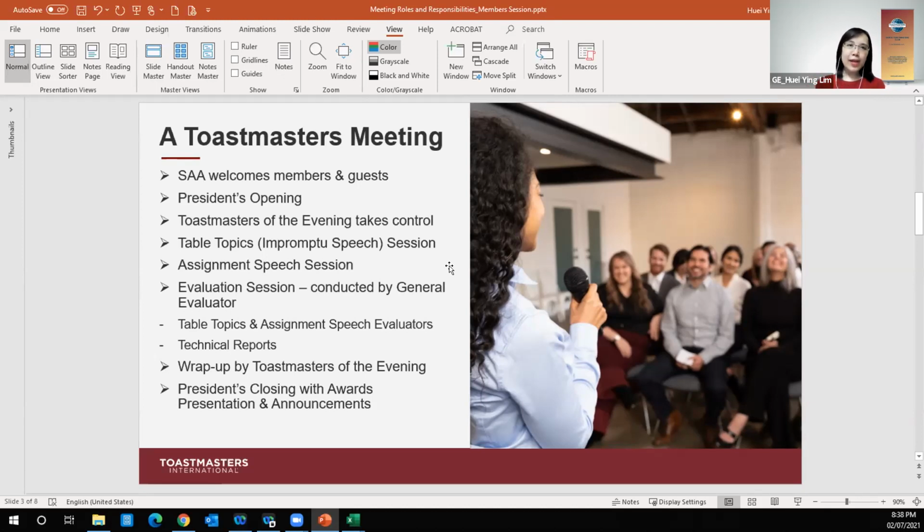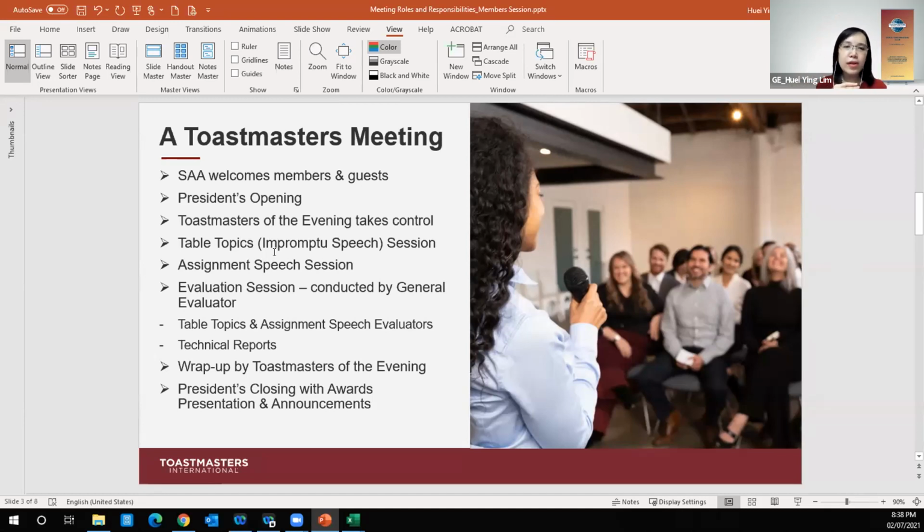Another thing that I would like to share is, here you see the assignment speech first, because this is what my home club does, besides Venus. My home club is ITC Bintang. So don't find it funny. How come some clubs do table topic first, followed by the assignment speaker, while some clubs start with the assignment speaker first, followed by the table topic? There is no right or wrong.